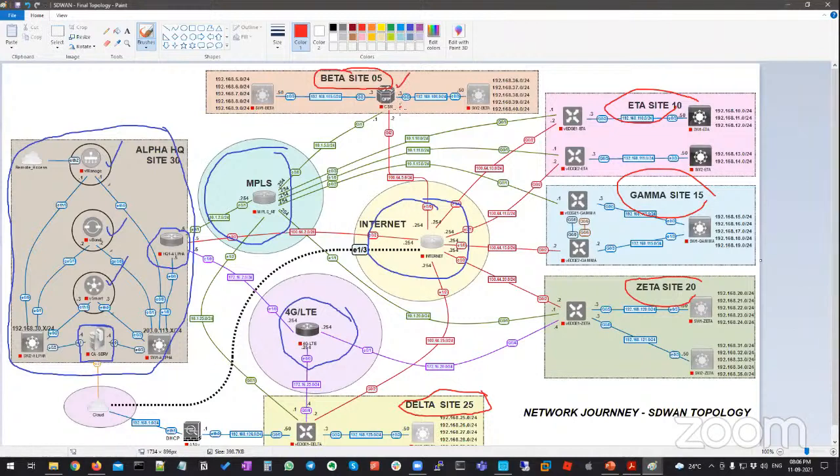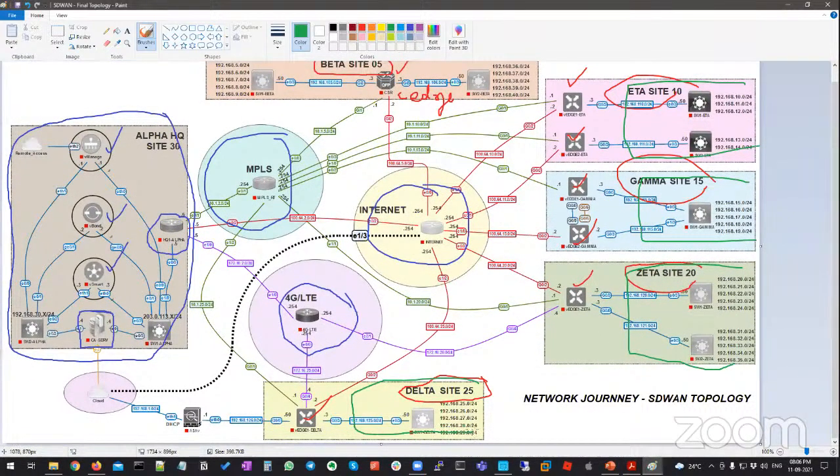Okay, so this is my C-Edge, which is running Cisco IOS XE. Okay, and then we have Viptela edges as well, which is vEdge Cloud. So again, they are running here, here, as well as here. Okay, and behind, we are running a LAN environment for each site, how they are going to connect and all that stuff.